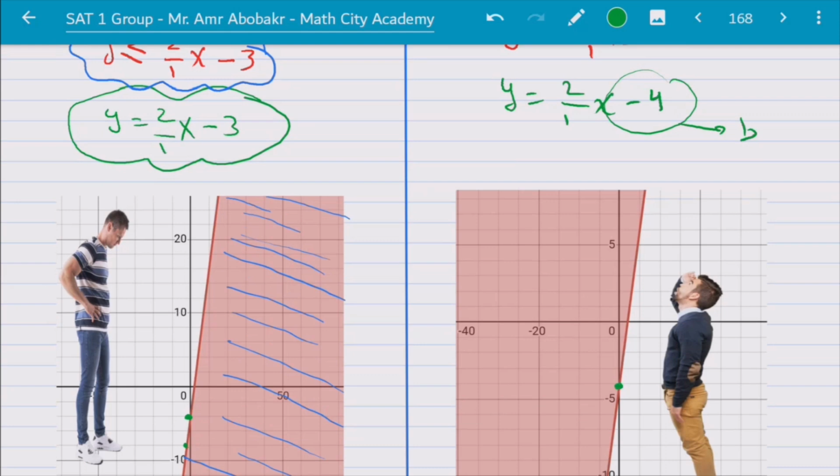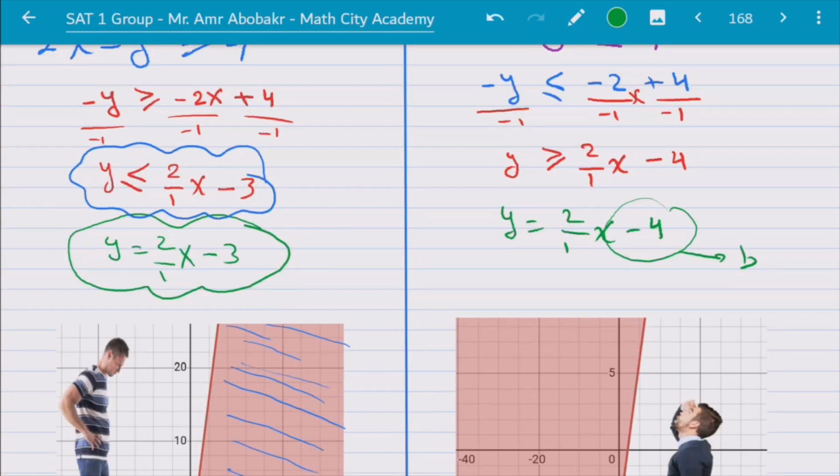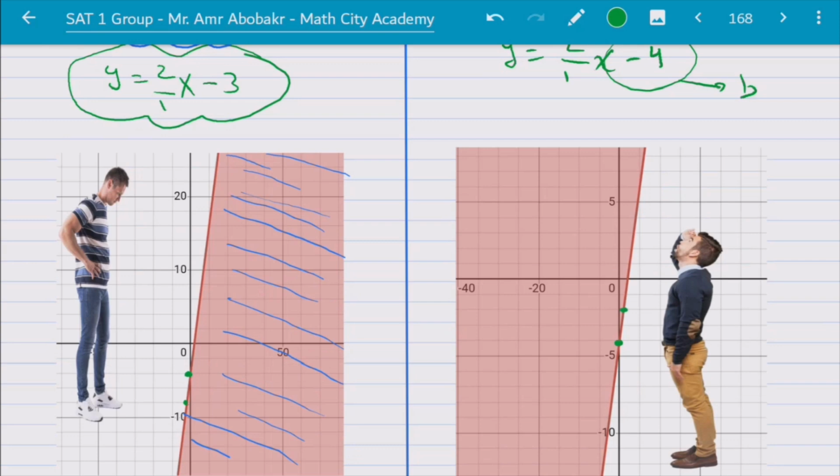And up 2 steps, 1, 2, and to the right 1 step. So this point will be here. Then join a line. What is the inequality that we will represent? Y greater or smaller? It's greater, so color the area that lies above the line. So like this.